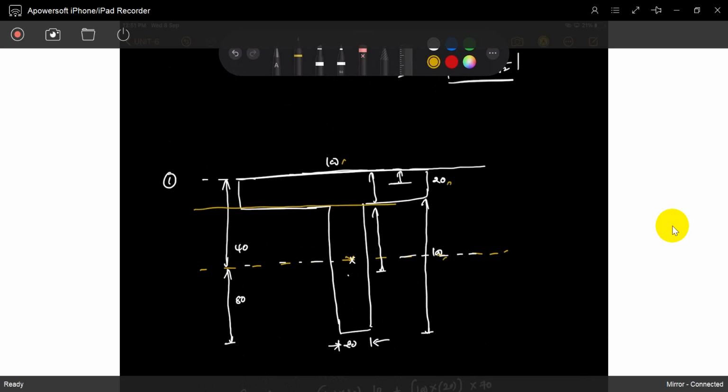Exactly this is the line. Got the idea? Top area is 100 into 20, bottom area is 100 into 20. By looking, this is the plastic neutral axis. This is the elastic neutral axis. The difference between them is 20.